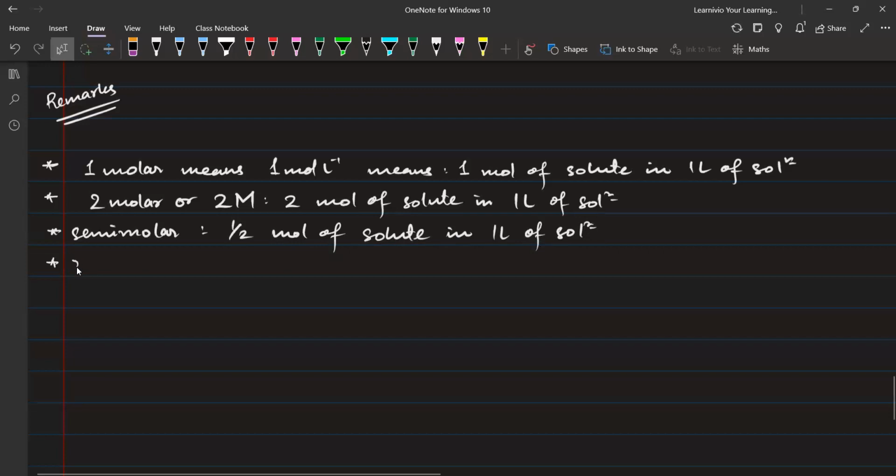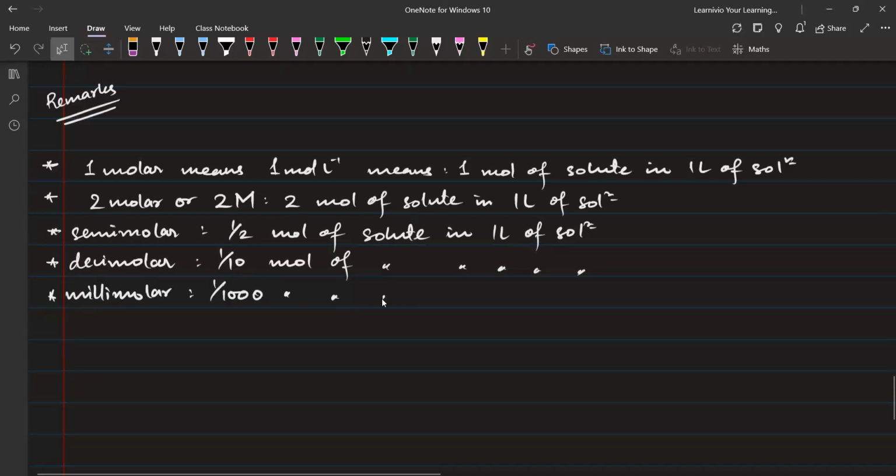Similarly, if you have decimolar, this would mean 1 by 10 mole of solute in 1 liter of solution. Similarly, centimolar, or if you have millimolar, millimolar will be used in equilibrium mostly, this would mean 1 upon 1000 mole of solute in 1 liter of solution.